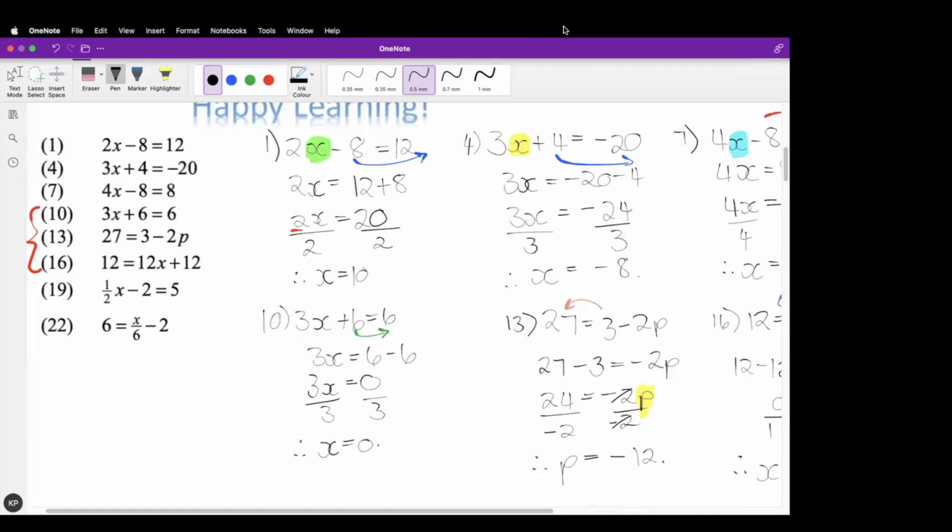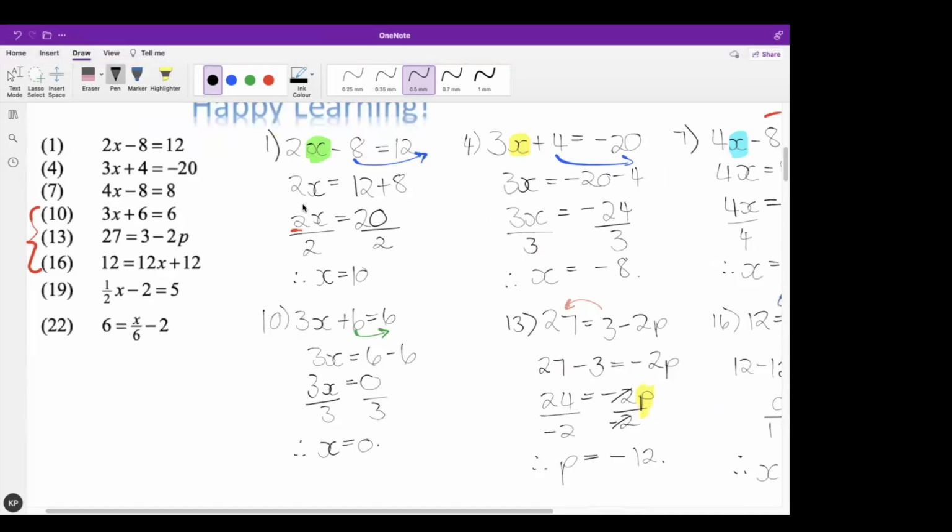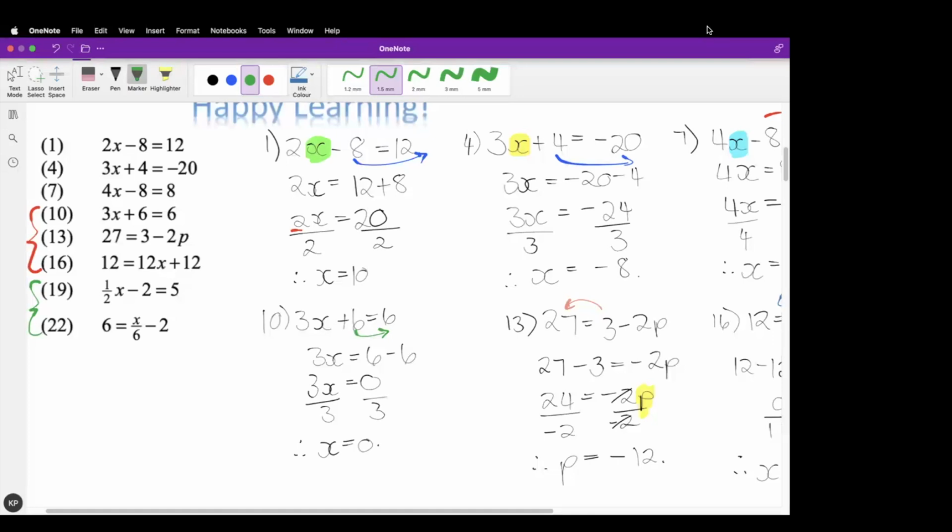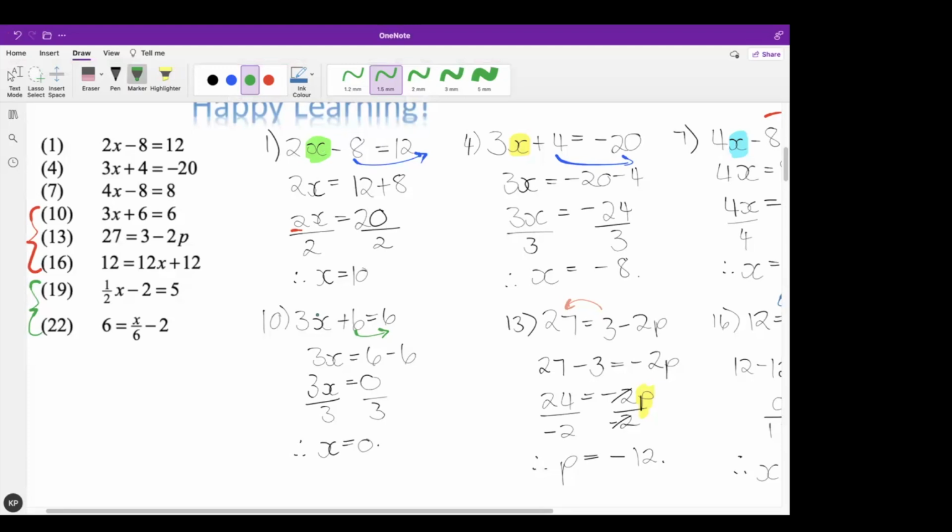I am going to give you guys 2 minutes, 3 minutes to do these two. So right now, guys, we're doing 19 and 22. It is 17:14. At 17:18, we will be checking answers. But remember, if you have an answer, just post it in the chat. If you don't want people to see it, then direct message me.